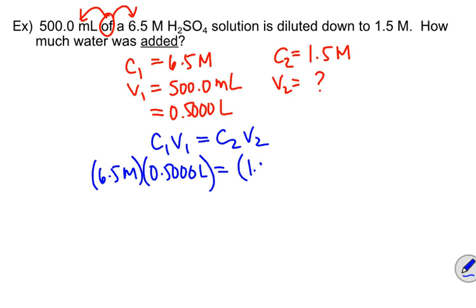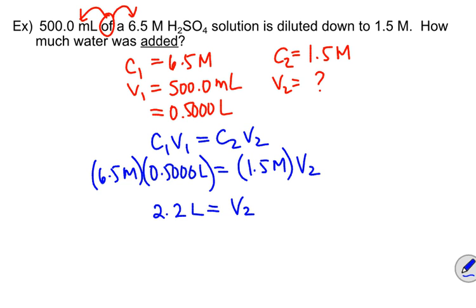That equals 1.5 molar times my V2, so it'll be my final volume of the solution. So I get 2.2 liters equals V2. So what that means, it's not the answer to my question.